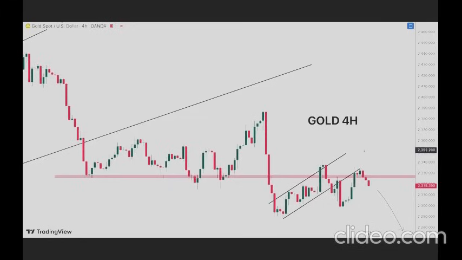If guys you are in gold, please keep on holding it, because yeah, this is a bearish trend, and we're expecting the market to drop further.